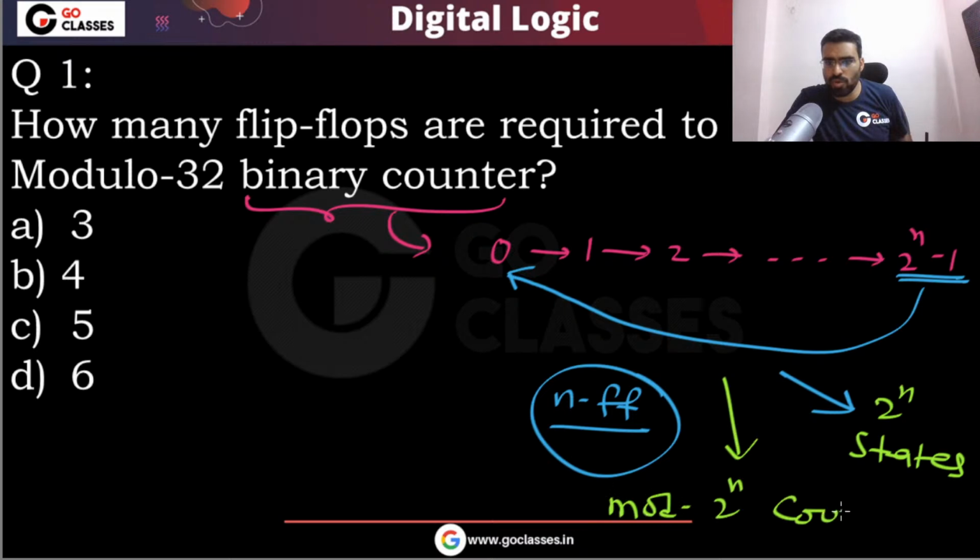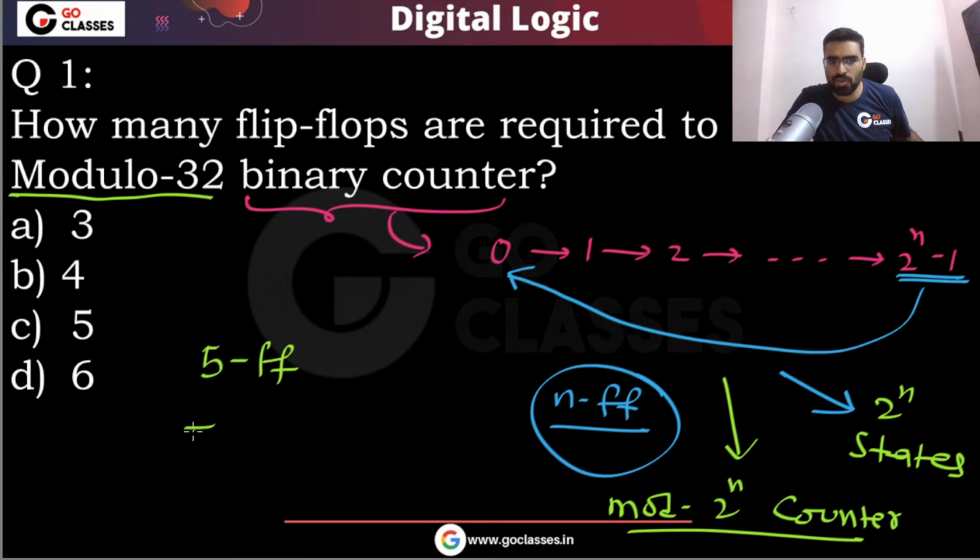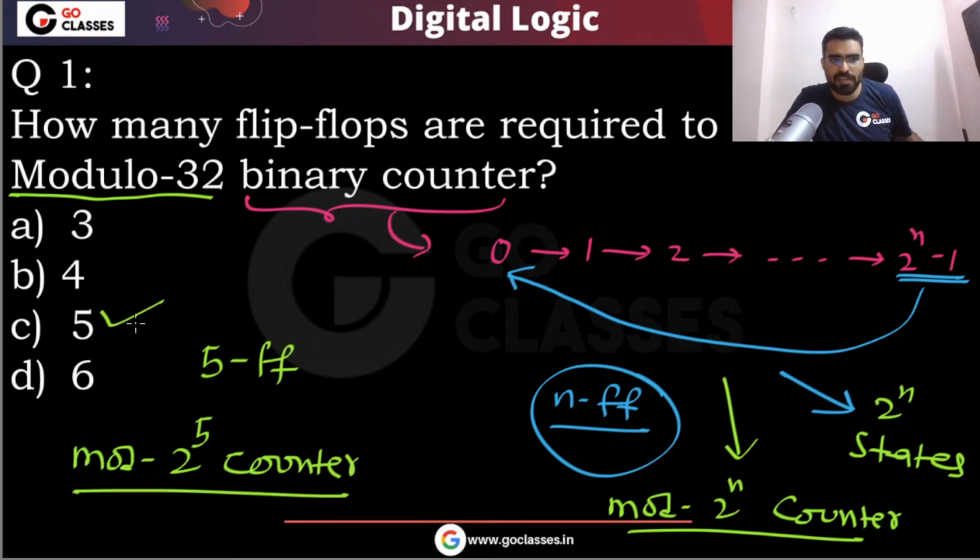Now the question says you want a modulo 32 counter. With 5 flip-flops, you can create a modulo 2 power 5 counter, so we need a total of 5 flip-flops. Is this point clear?